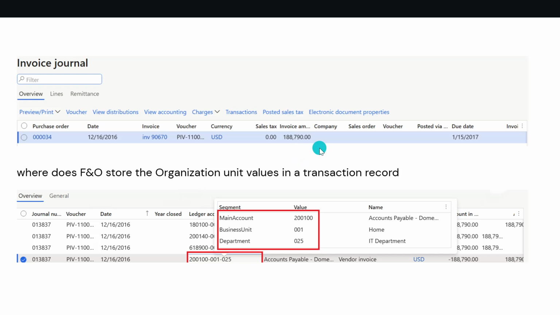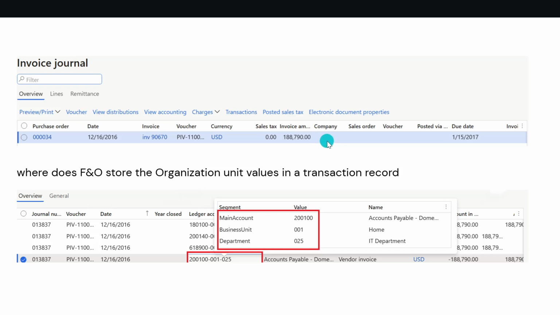Now, at a very high level, if I want to see which department is dealing with this invoice, which business unit has raised this purchase order, and which department is paying this invoice.